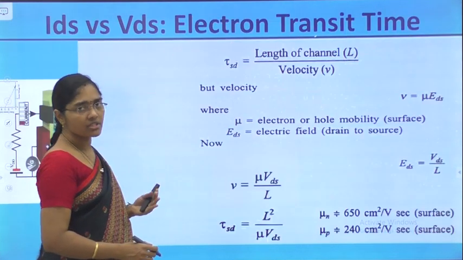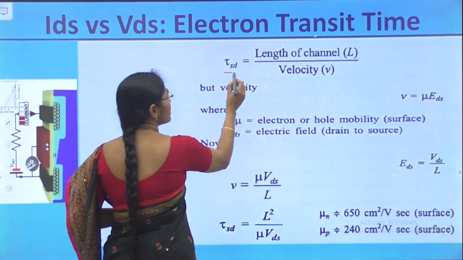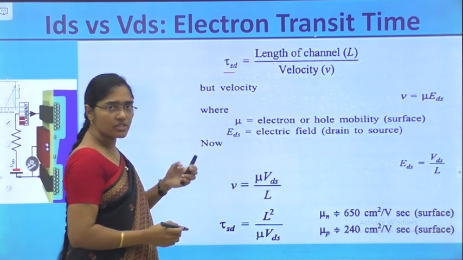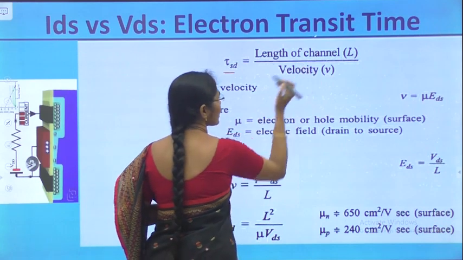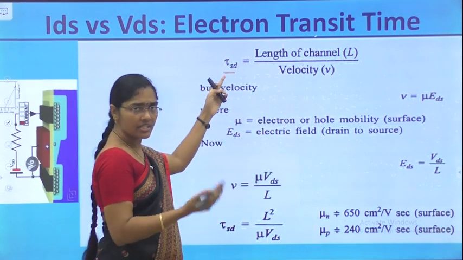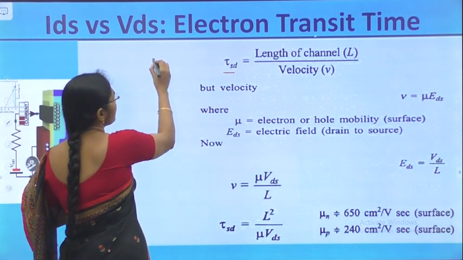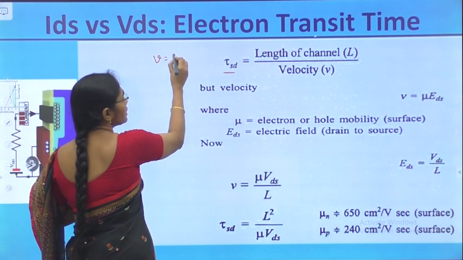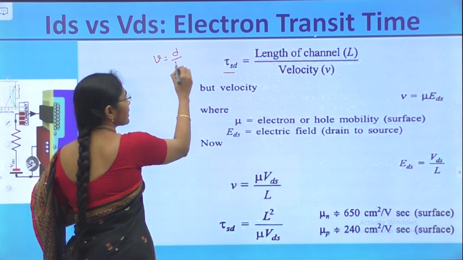Let us see the tau definition: electron transit time tau is equal to the length of the channel divided by velocity. This is written from the equation velocity is equal to displacement by time.